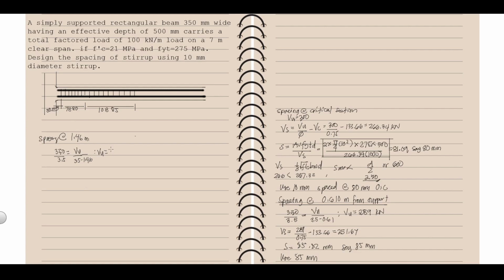So, 204 kilonewton. For your VU, 204 kilonewton. Next, VS. So, ang VS natin is 204 all over 0.75 minus 133.66. So, what is VS?